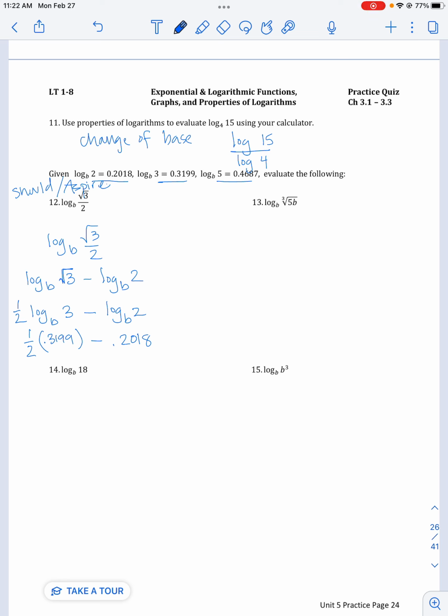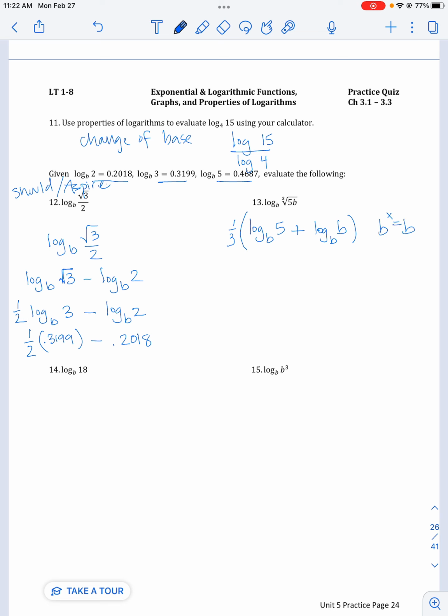Okay, the next one, number 13. Again, I'm going to use the properties of logs to separate log base b of 5b, with the 1/3 out here. They're connected by multiplication, so in the separation they're going to become addition: log base b of b plus log base b of 5. Well, I don't know what log base b of b is based on the information I'm given, but I do know this is asking me, what do I have to raise b to to get b?